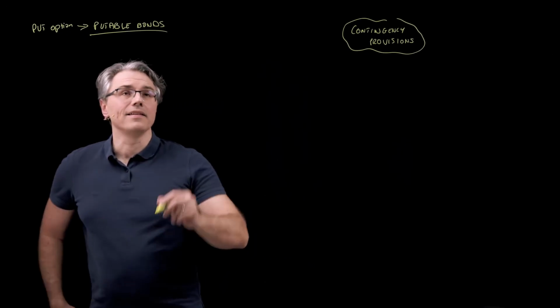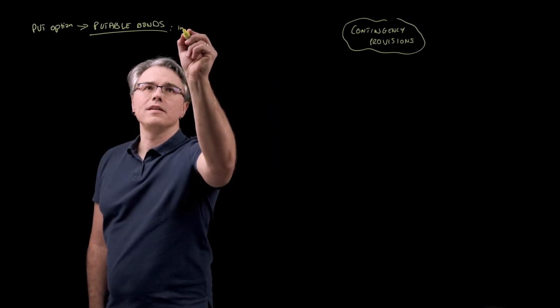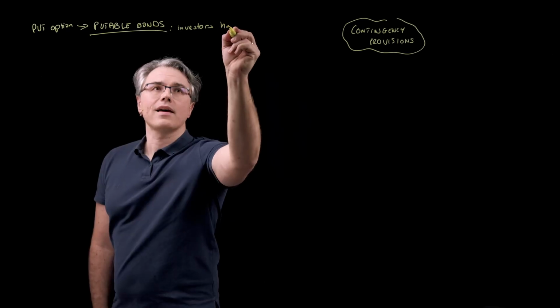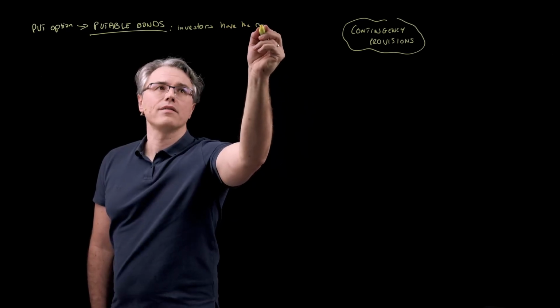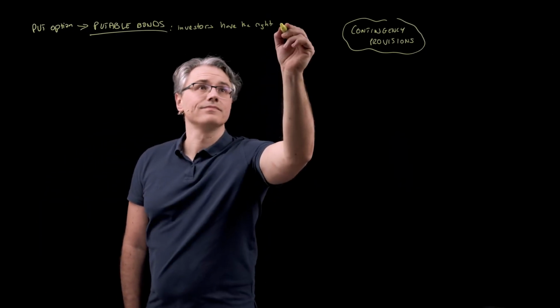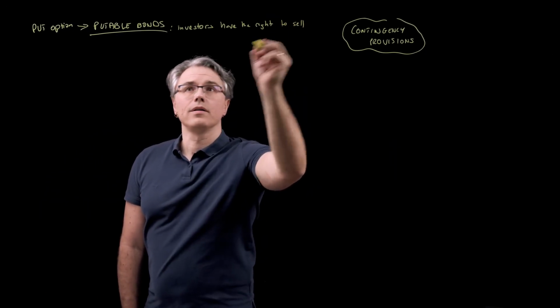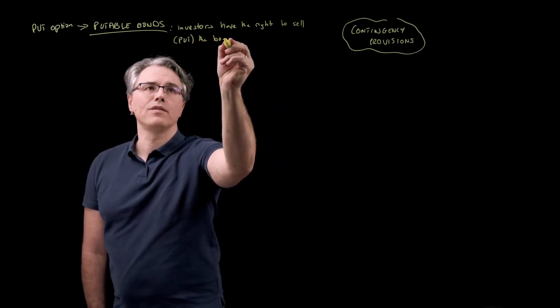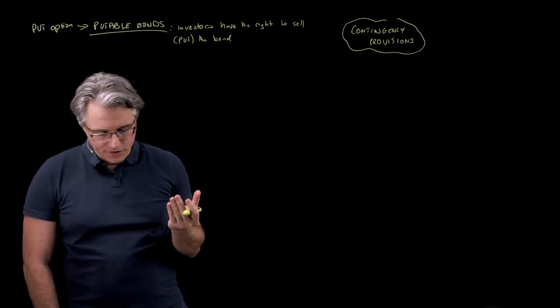And in this case, it's not the issuer but the investors who have the option to do something. Investors have the right to sell, or put, the bond back to the issuer.